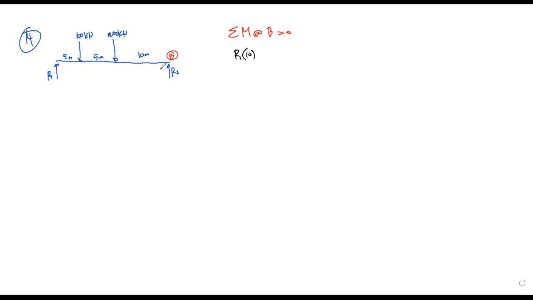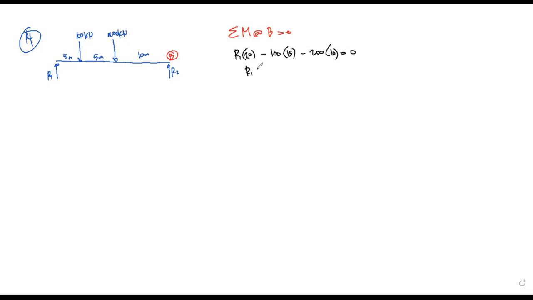So R1 multiplied by the distance 20. Okay, so that is minus 100 kilonewton multiplied by the distance to point B is 15 minus 200 kilonewton multiplied by the distance to B, that is 10. That is equal to 0.